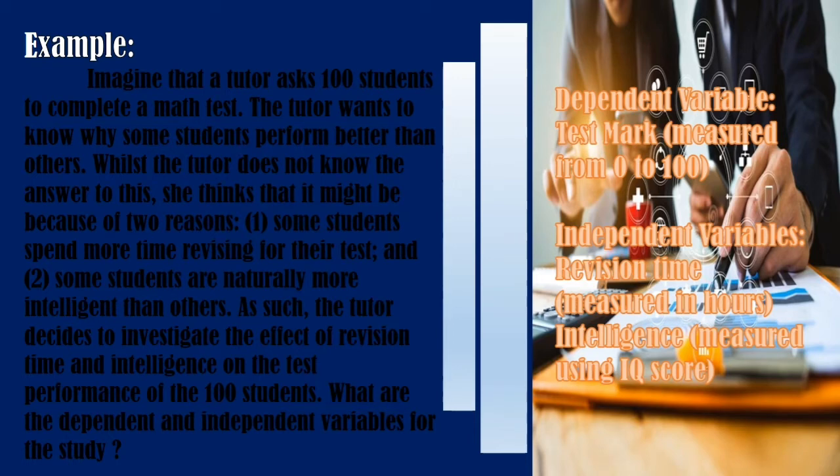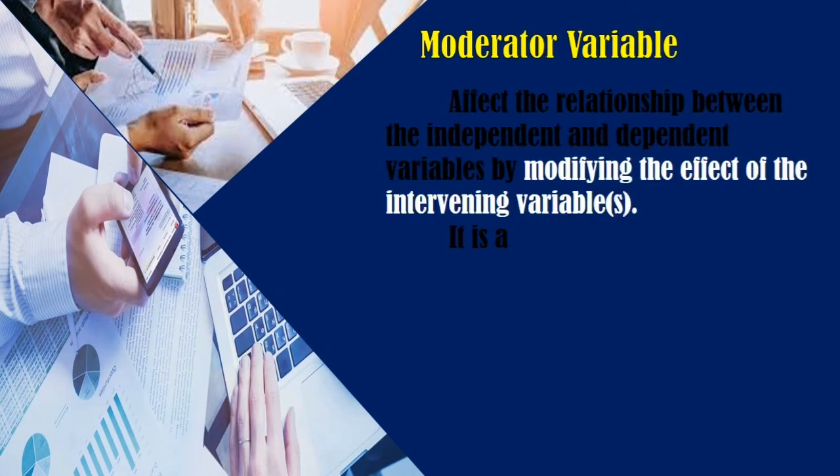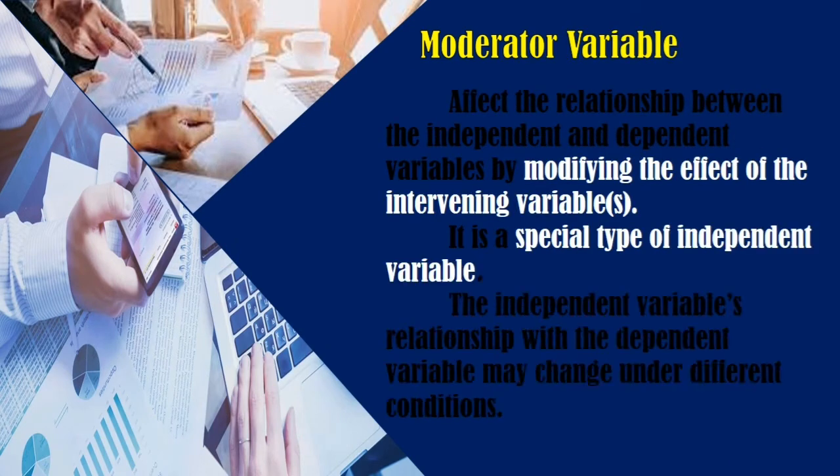Now let's proceed with the next variable, the moderator variable. So this is a variable that affects the relationship between the independent and the dependent variables by modifying the effect of the intervening variables.